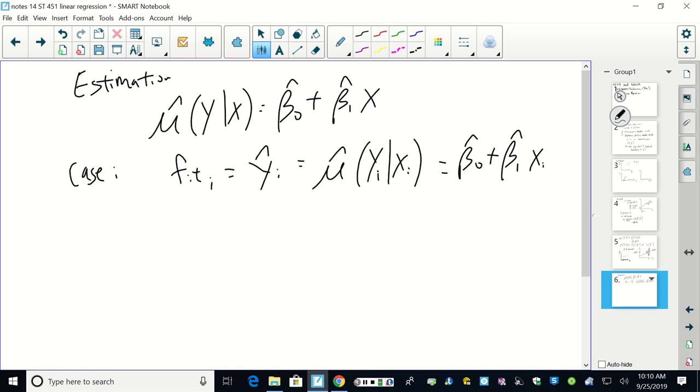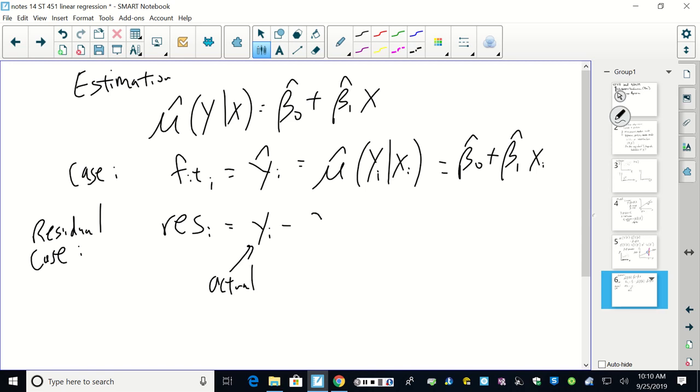The error that we have is a residual for case i, which is going to be our actual y value, the actual value that we've observed, minus our fitted value. So y sub i minus our y hat, like I would usually write it, where the yi hat is of course our predicted.